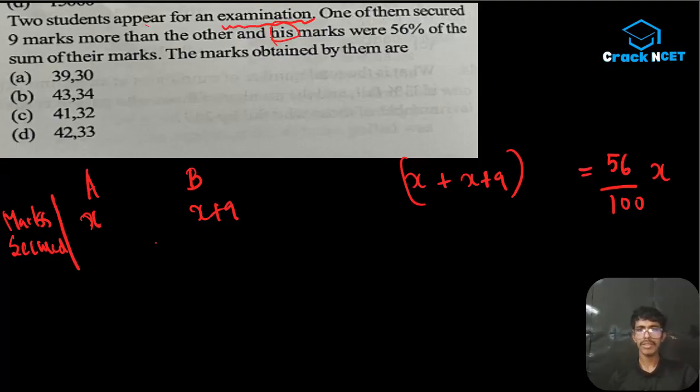One has 9 marks more than the other, and his mark, वो बंदा के बारे में बोल रहा है, his mark मतलब B का मार्क के बारे में बोल रहा है, ठीक है.